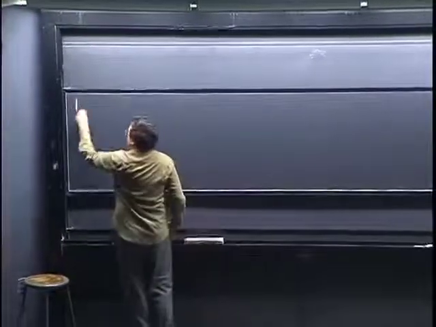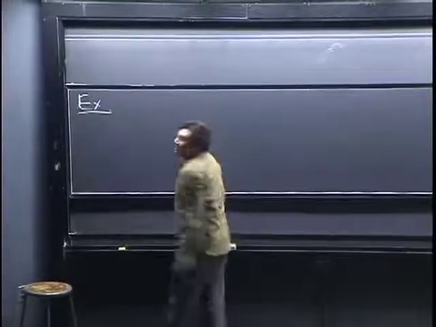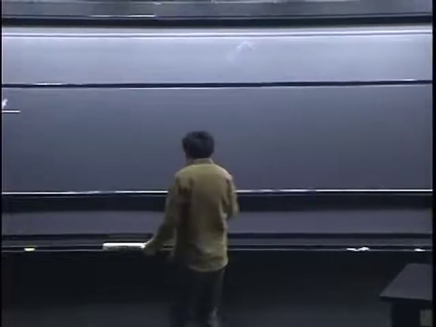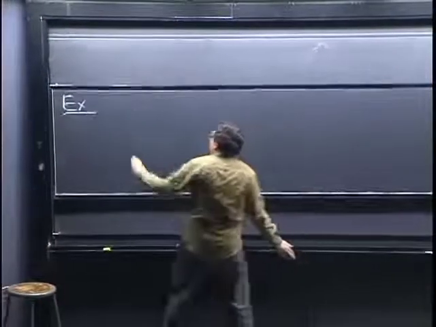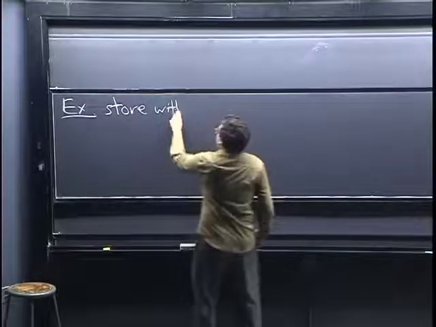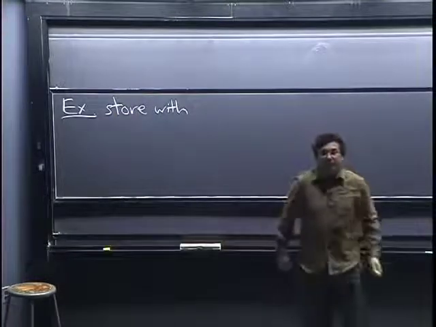All right, so suppose you have a store and different customers show up at your store and spend different amounts of money. This doesn't have to be about a store and customers, but just to have a concrete example, I'll say it that way. That's a very general type of setting that would come up in a lot of cases. So I'll just say store with a random number of customers, but you can make up your own story for it.